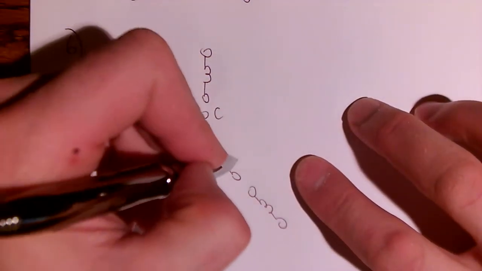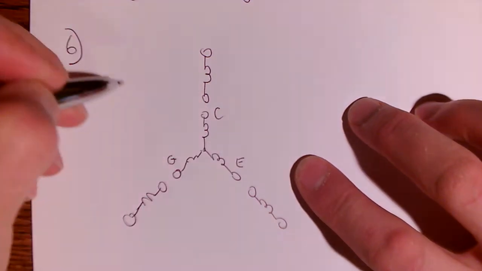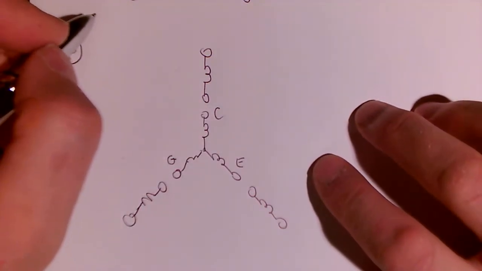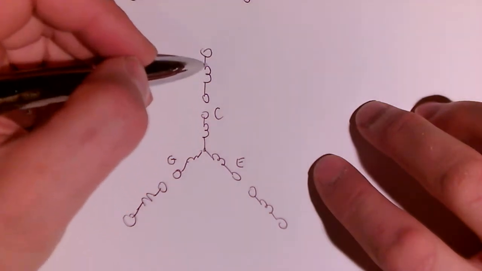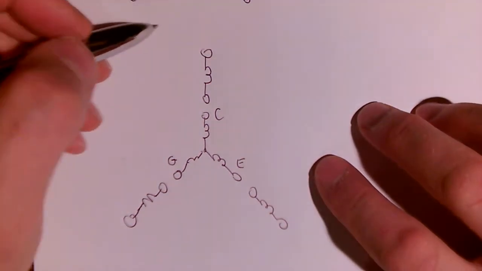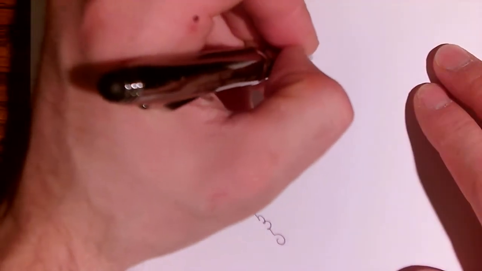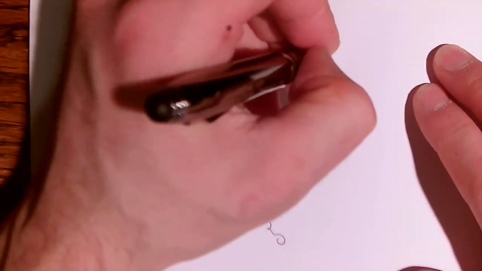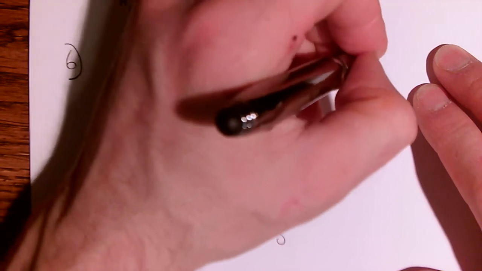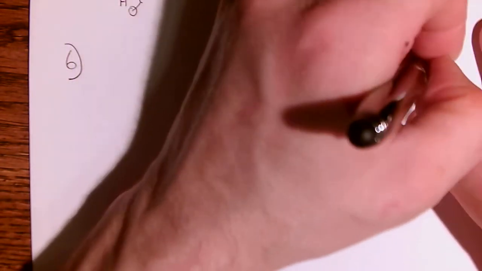Okay, so we got C, E, and G. Those aren't going to change. But now we're going to check A and I's to see if it's I and A or A and I. So here's the first step: we're going to add a jumper. I'm going to write our instructions over here. Add jumper to T4 and T7.